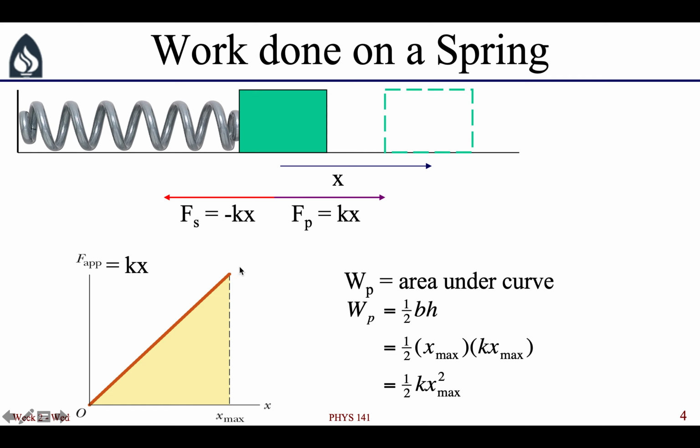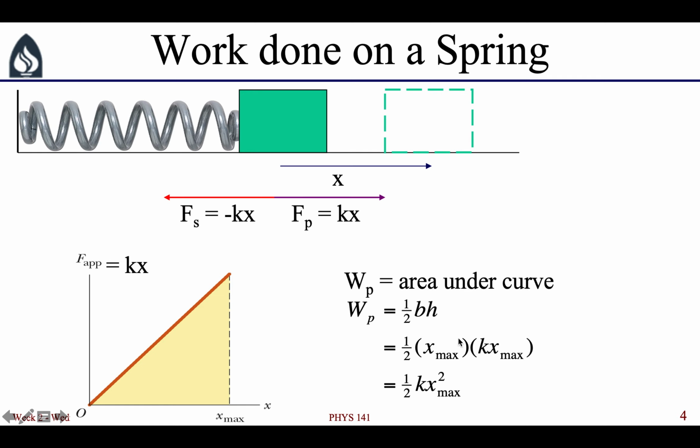So this area is actually a triangle, and we know how to find the area of a triangle. It's 1/2 times the base of the triangle times the height. The base of this triangle goes from 0 to that maximum displacement, so x max would be the length of the base, and then the height of the triangle is what we get when we plug that maximum value into the force equation.